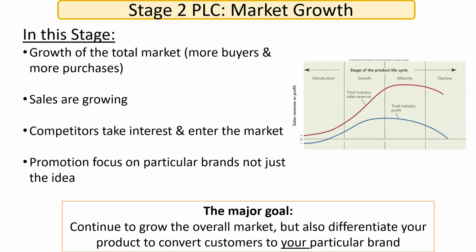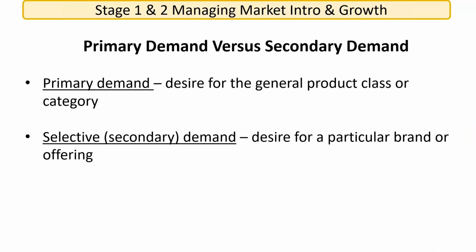So you'll see, say, escape rooms are in the market growth stage. They share ideas and promote each other, but particular locations are also building their own reputations for their own use of theme, technology, or even having live performers with you. So in sum, market growth is the second stage, and the key is stressing your brand and your firm versus the overall product category.